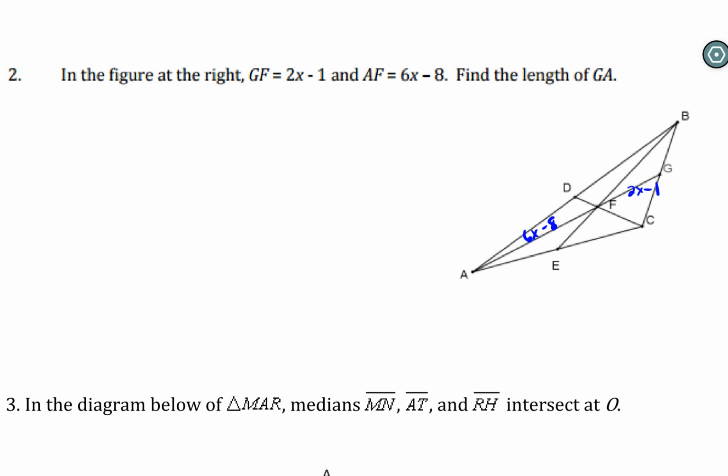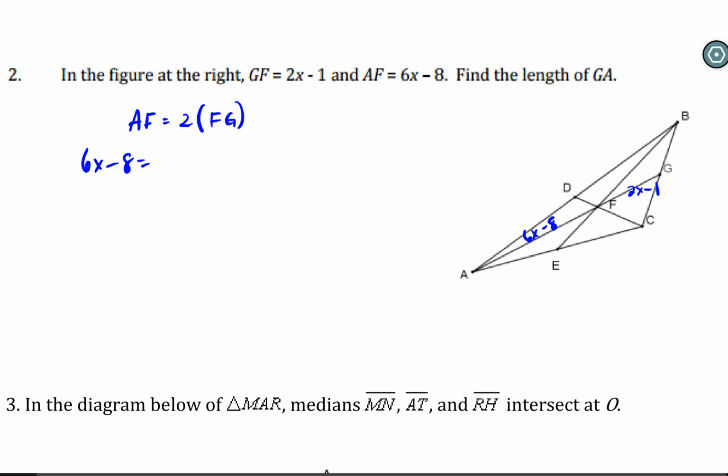We know that AF is equal to double the length of FG. So if AF is 6x minus 8, and FG, or GF, is 2x minus 1, I should be able to solve for x. So we use all those good algebra skills that we have.